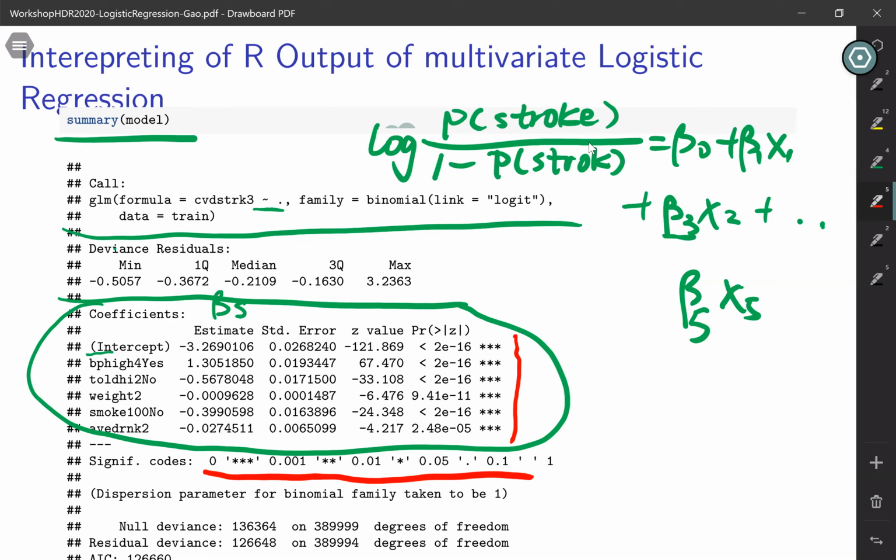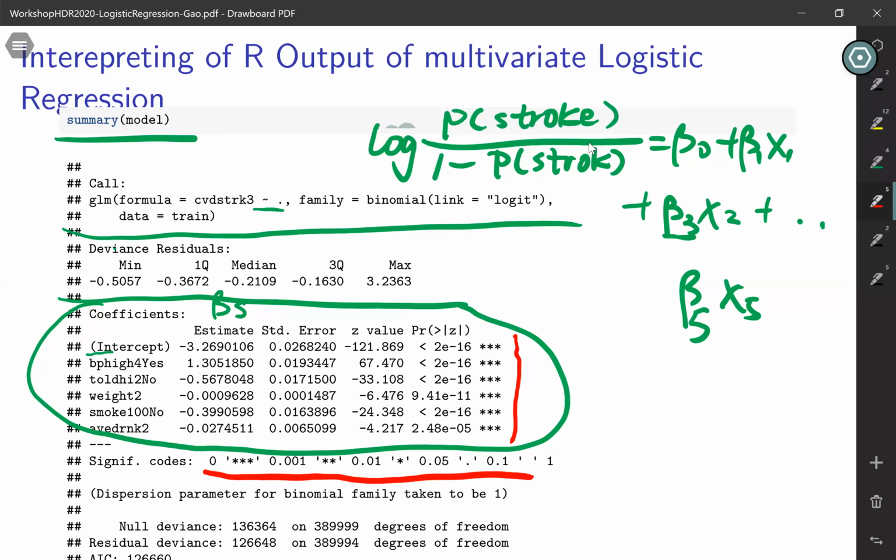Simply speaking, those predictors can significantly predict the probability of stroke. In other words, those predictors are significantly related to stroke status. That's what we want to know.